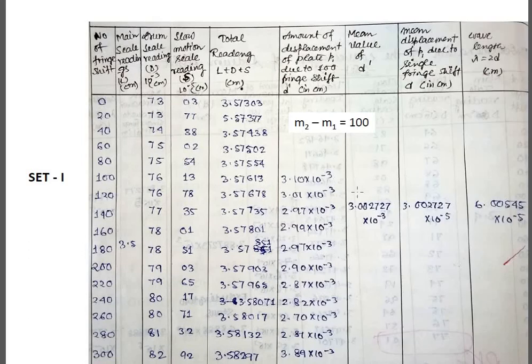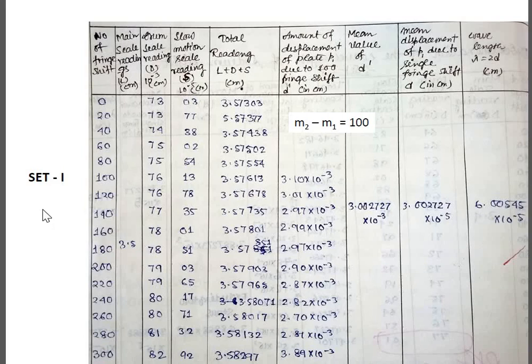Which is 100, right? So this is the mean of the distances here, and dividing by M2 minus M1, which is 100. So you see 10 to the power minus 3 goes to 10 to the power minus 5. This is what we have done. And then finally lambda is equal to twice of D. This is what you get.